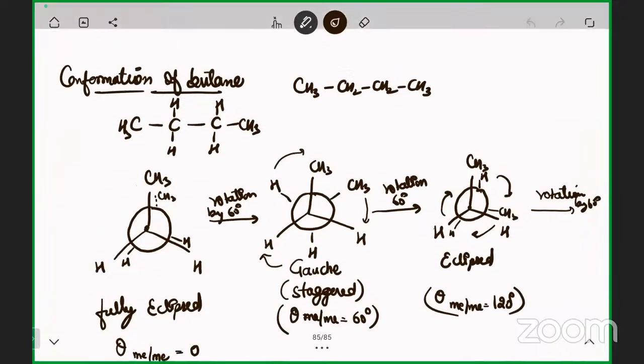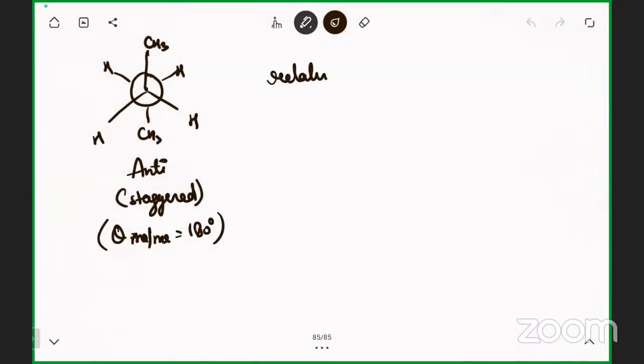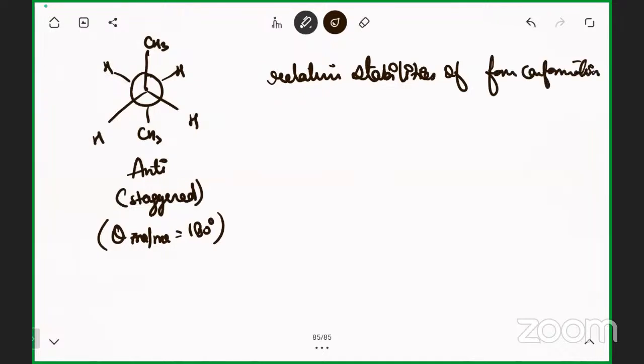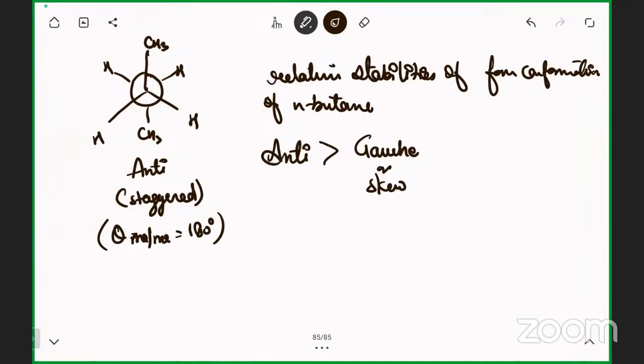So if I talk about the relative stabilities of 4 conformations of n-butane. First, highest stability is of anti, then Gauche, Gauche form is also known as skew form, and then partially eclipsed, and then you'll go for the fully eclipsed.